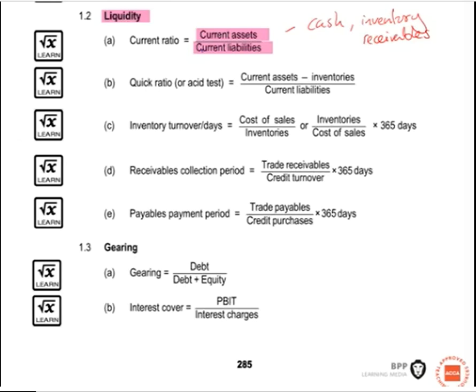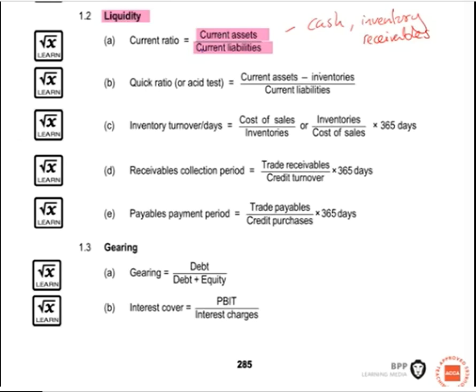The promise of cash in the future from our customers should be coming through hopefully within a reasonable time period. But inventory, well, we might have to do some further work to some of that inventory to get it to a saleable condition, then find somebody who wants to buy it, and finally wait for them to pay us the cash before I have something I could pay to my supplier.